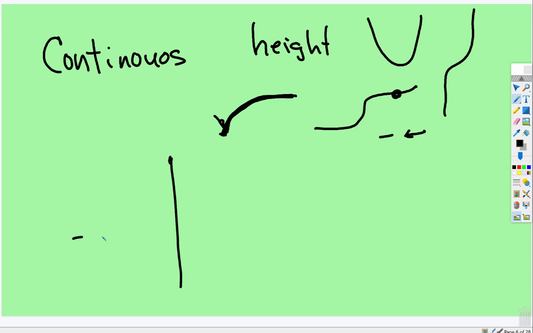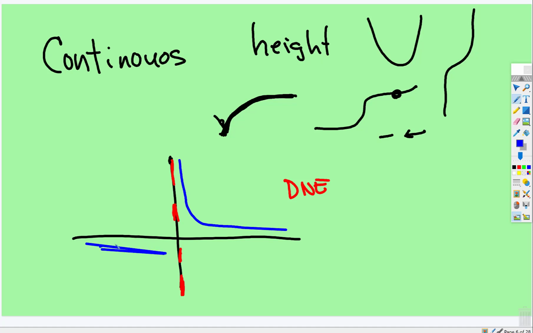But when the graph is discontinuous, meaning there's asymptotes involved, that is when there's three possibilities. Either does not exist, and that's when you're looking at both the left and the right side, and the heights are different.